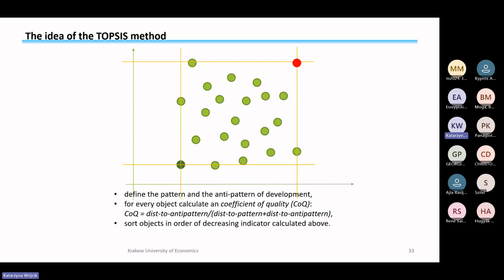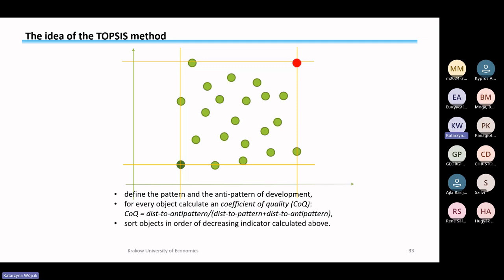And then there is the Topsys method, which takes into consideration both pattern and anti-pattern of development. So for this method, we calculate the coefficient of quality, which is calculated as distance to anti-pattern divided by the sum of distances to pattern and to anti-pattern.